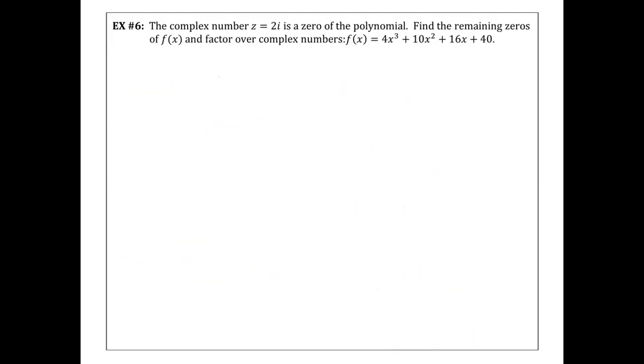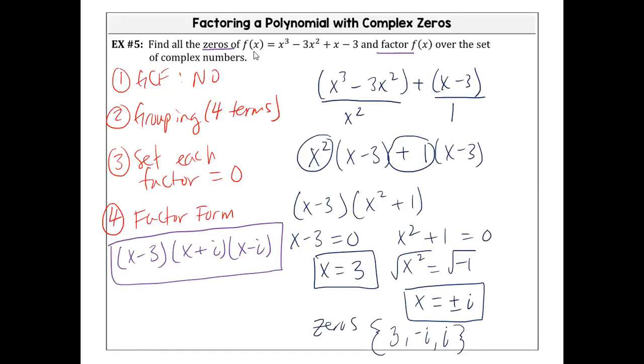Your GCF is 2, exactly. So remember, we're following the same steps. Is there a GCF? We're following grouping because there's how many terms? 4. After we do our grouping, we're going to set each factor equal to 0 to find our zeros. That 2 is just a numerical factor. It doesn't come back until the very end when you write all your factors out.